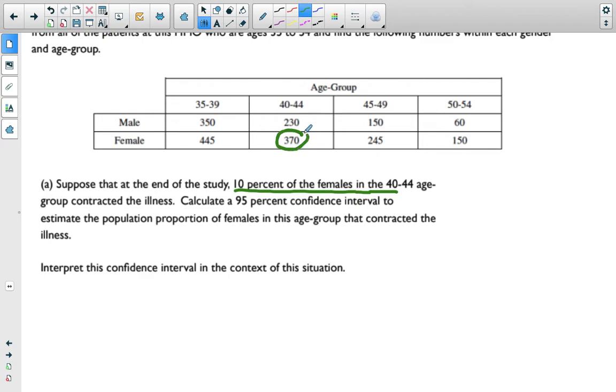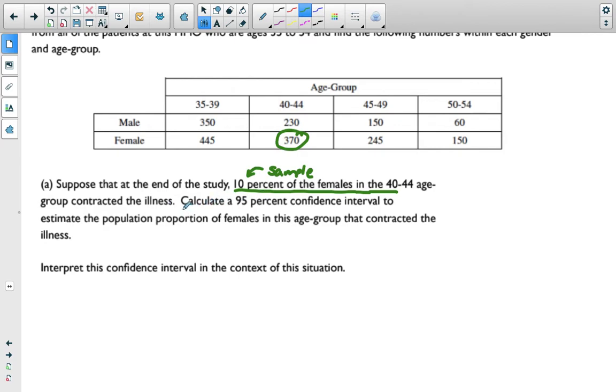They looked at that group of 370 females, ages 40 to 44. And we found in our sample, so this 10%, of these 370 women, they found 10% of these people, so that's actually 37 of those, to have contracted the illness.